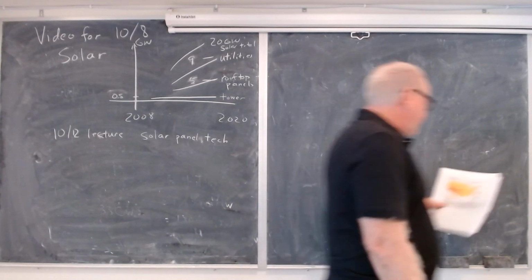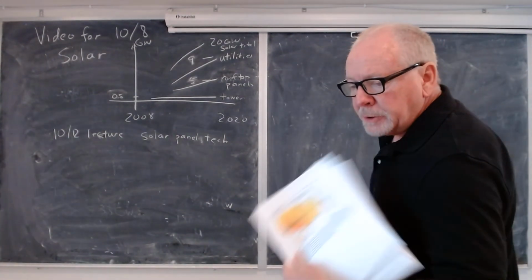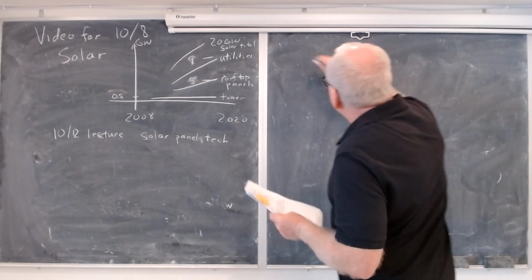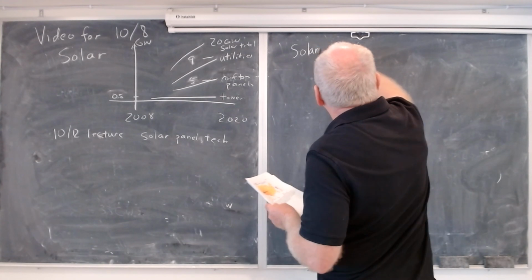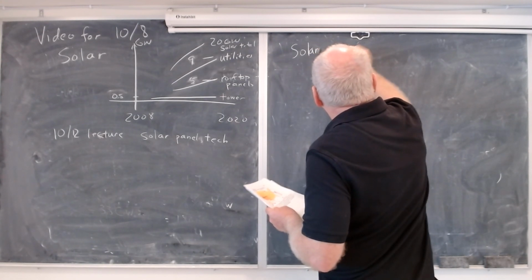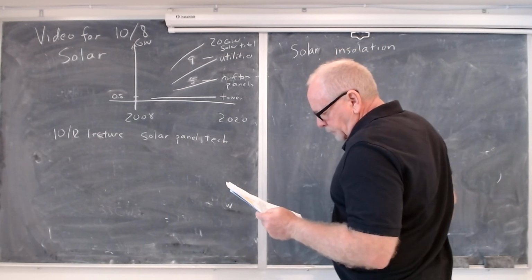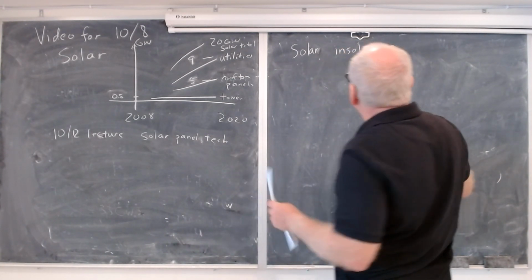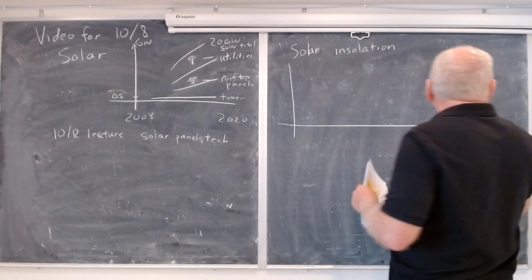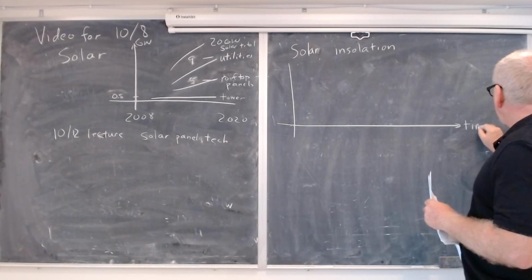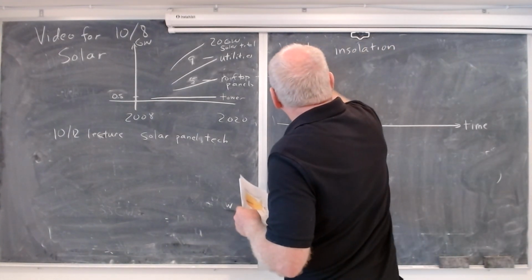But anyway, before that, you'll notice there's this chart here in the notes. And that is the concept of solar insolation. It's not insulation, it's insolation. That basically refers to this: for a given place, if this is time, and this is P solar.